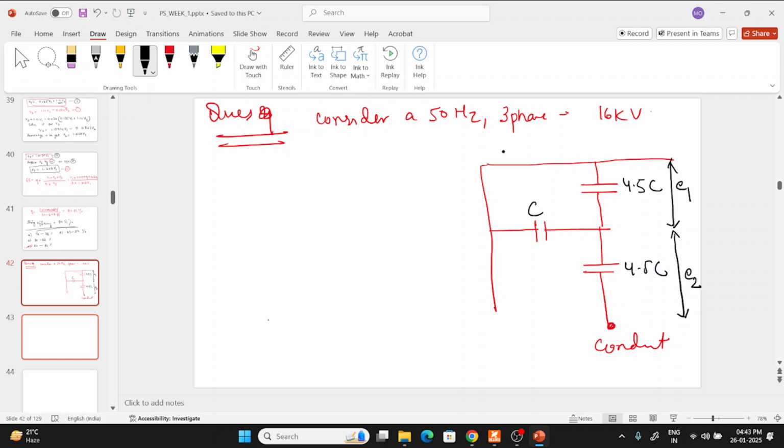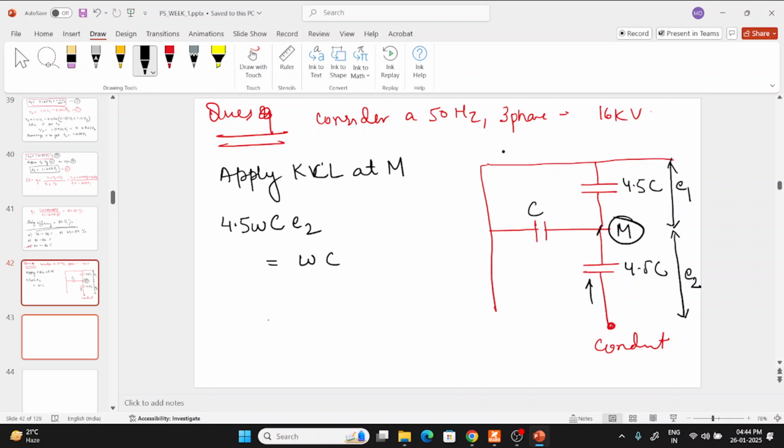So first, let's say this is point M. Apply KCL at M. So incoming current, what will it be? 4.5 omega C E2 for this. It is equal to omega C E1 plus 4.5 omega C E1.